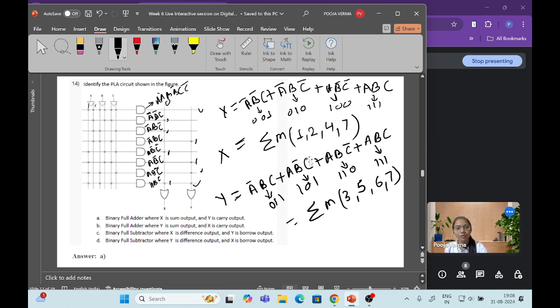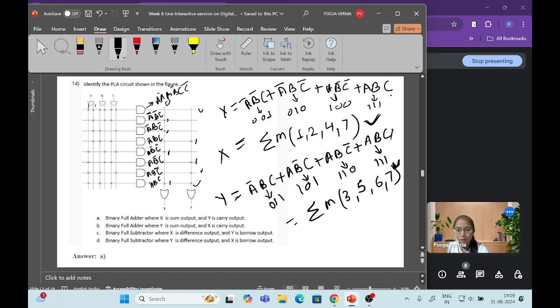So now we can see, have you understood what a min term expression is for? Otherwise we need to solve it by K map or any other way. So first we have got the x and y values in terms of min terms as well as Boolean expression. Now check the options.